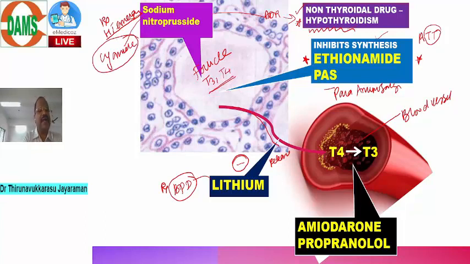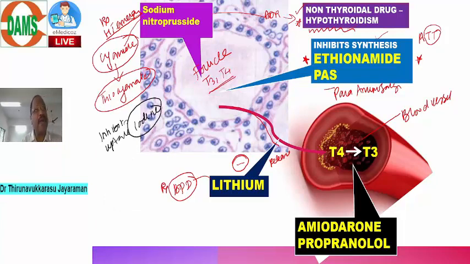This cyanide in the body is converted into thiocyanate. This thiocyanate has the property of inhibiting uptake of iodine. Because of inhibiting uptake of iodine, the drug ultimately inhibits synthesis of T3, T4, thereby carrying the risk of causing hypothyroidism. So, sodium nitroprusside also has the risk of causing hypothyroidism. That point you should keep in mind.